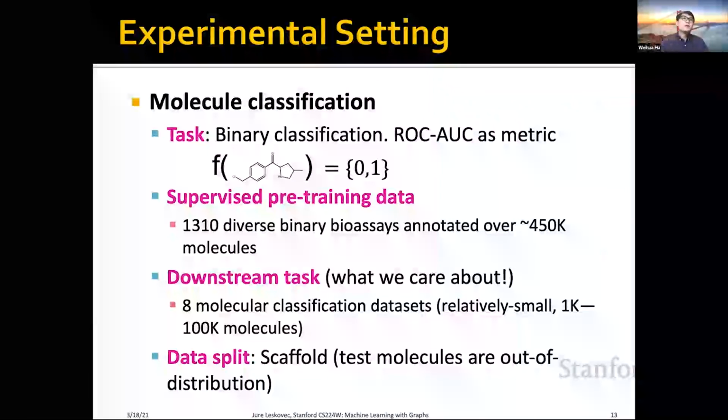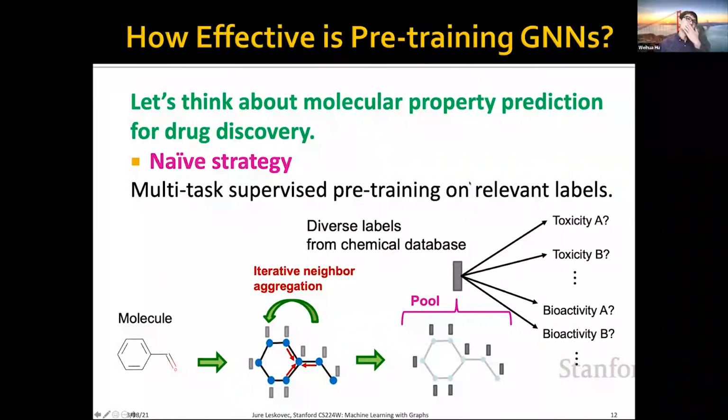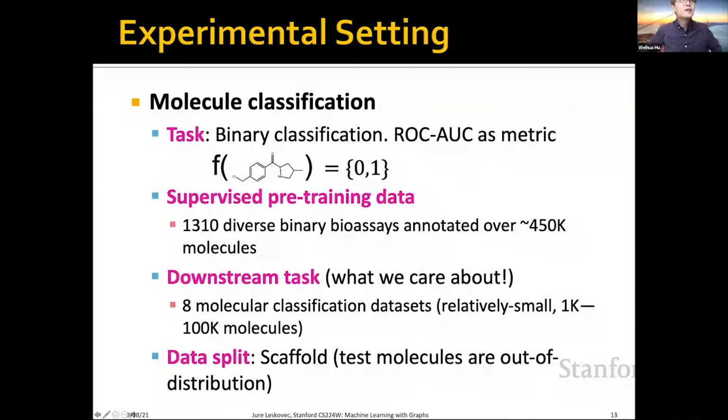We study whether this naive strategy is effective. We consider binary classification of molecules: given a molecule, we want to judge whether it is negative or positive. For the supervised pre-training part, we predict more than 1,000 diverse binary bioassays annotated over 450,000 molecules, so there is a lot of data in this pre-training stage.